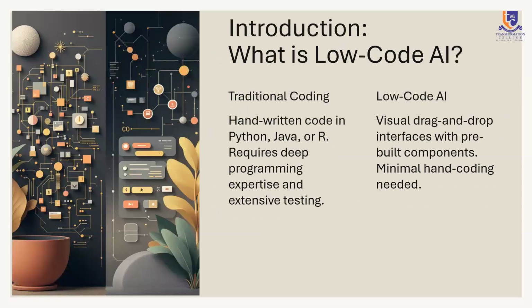So what is low code AI? Like I said, it allows us to do more than we could have done 20 years ago, right? Traditional coding would have involved writing Python code, Java, R, whatever language you are comfortable with. You would have had to use that to develop your application.